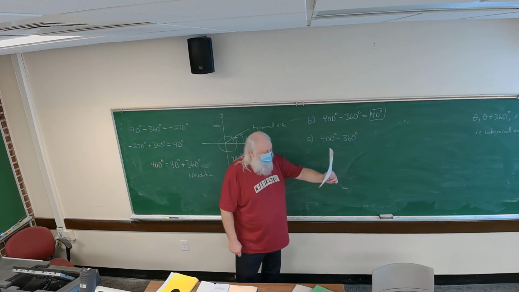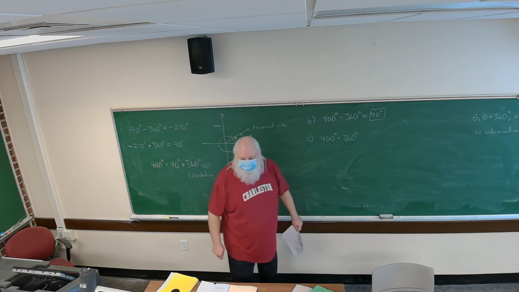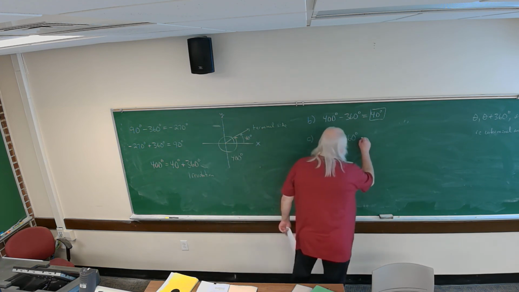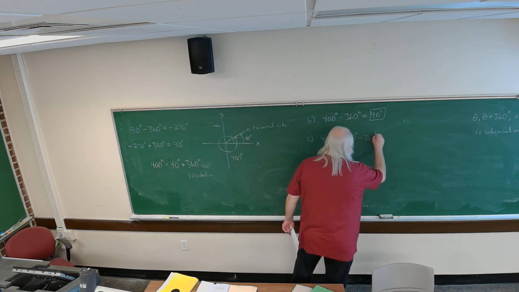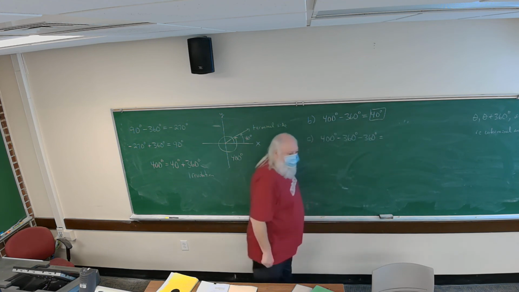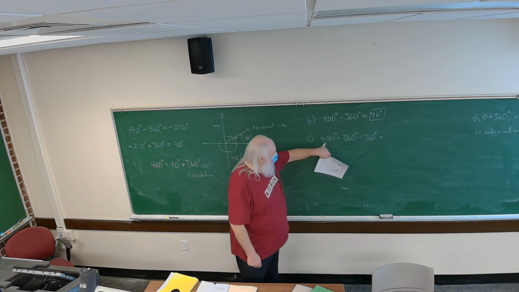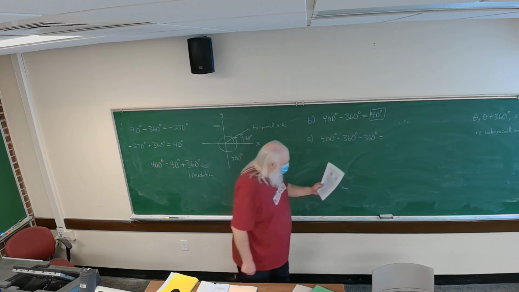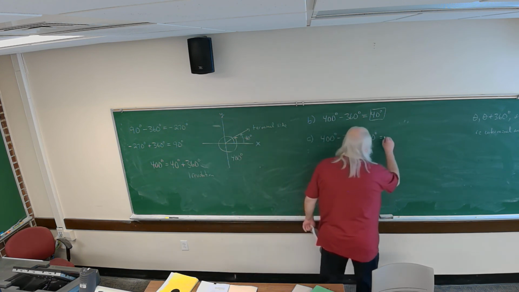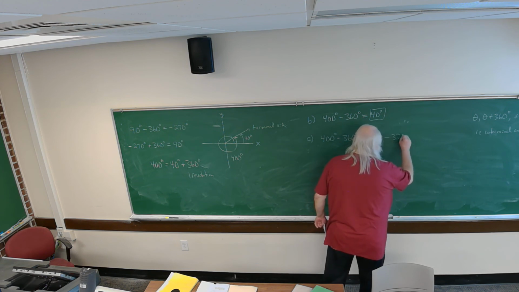But it's got to be between minus 360 and 0. So we subtract another 360 degrees. That's two revolutions. So we subtract two full revolutions from 400 degrees, and we get the angle minus 320 degrees.